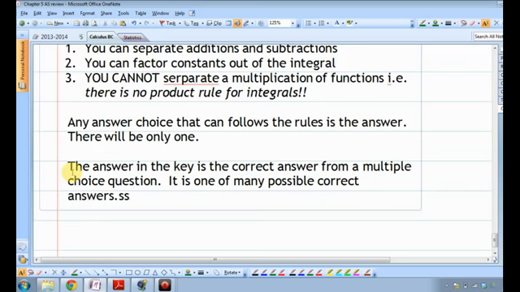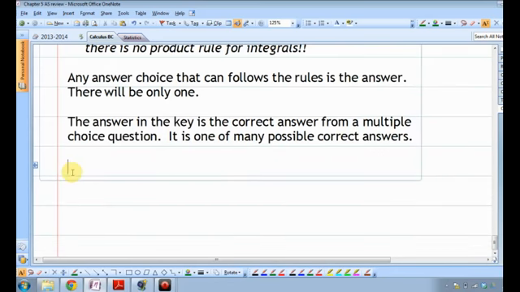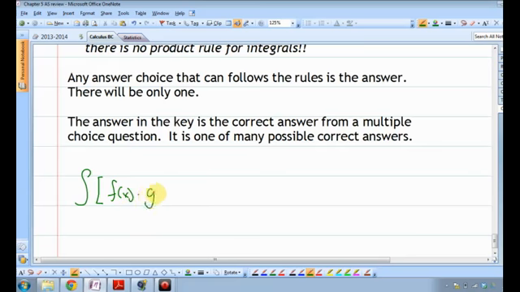Okay. So just to be clear about what happened, number one, we took that integral of f of x times g of x minus 7h of x minus g of x again, or f of x? G of x.